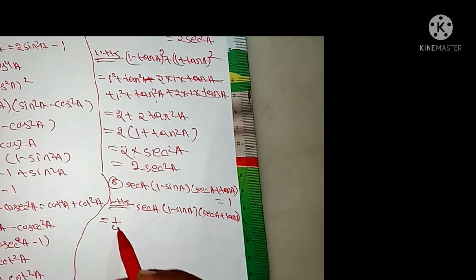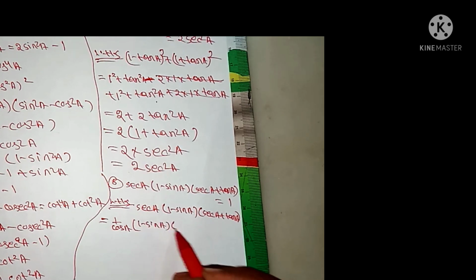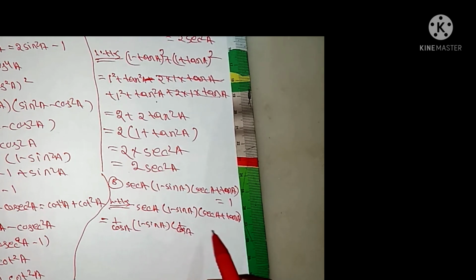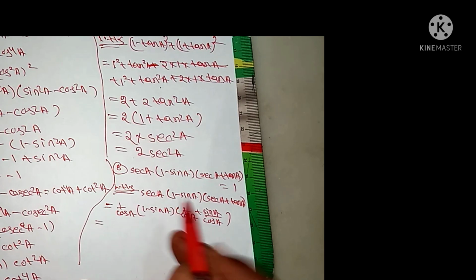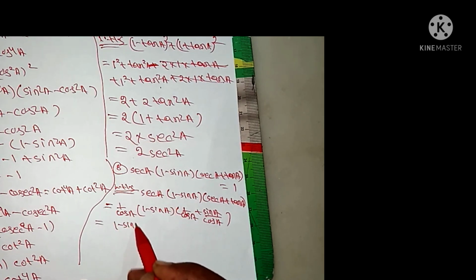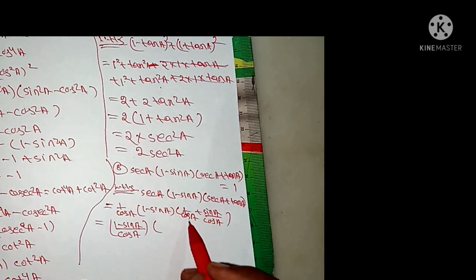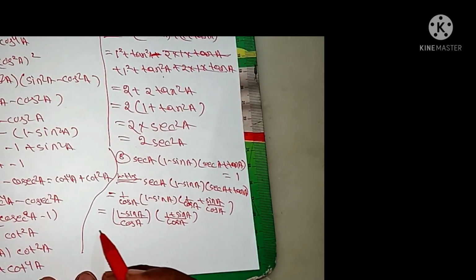Sec A, write in reciprocal form, 1 by cos A whole into 1 minus sin A. Then sec A is 1 by cos A, reciprocal form, and tan A is sin A by cos A. Multiply this one into this one, 1 minus sin A by cos A. This one, with cos A as the LCM, denominator the same, so the LCM will be cos A, and add only the numerator, 1 plus sin A. Multiply the two fractions, numerator into numerator and denominator into denominator.